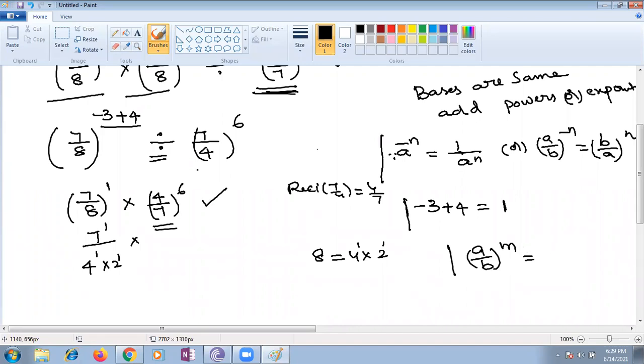Yes, Harsha. (a by b) whole power m can be written as, yes, ma'am, a raised to m by b raised to m. Very good.